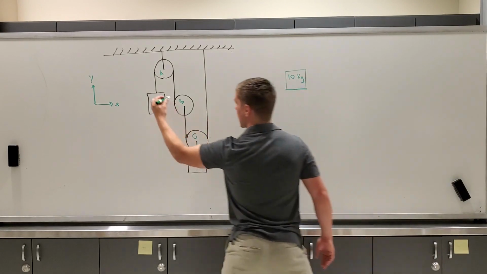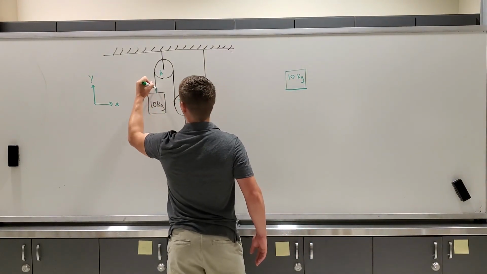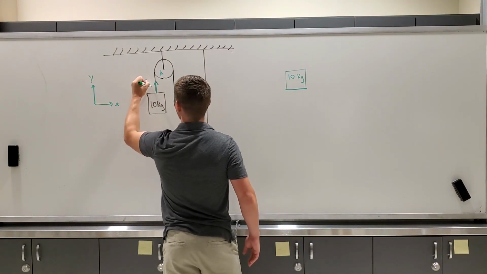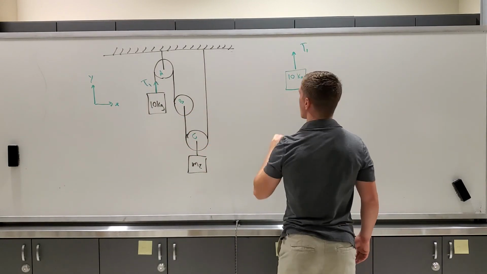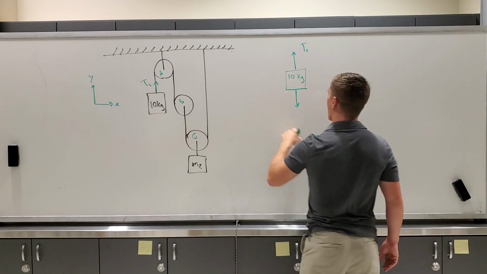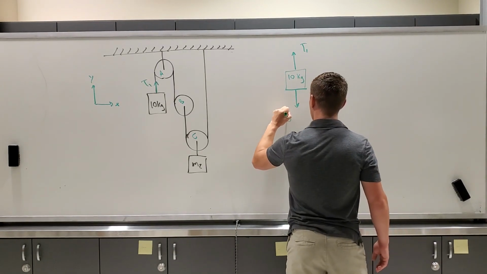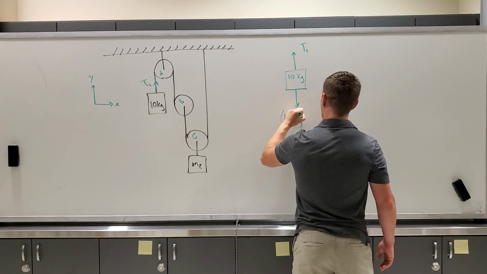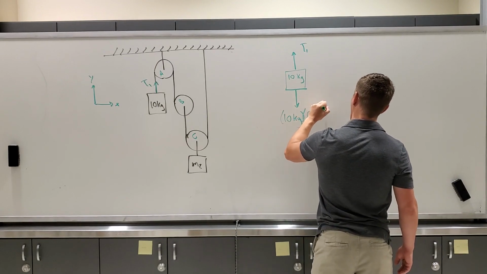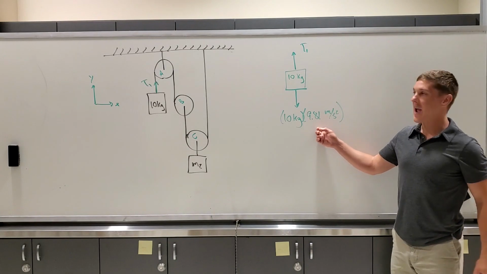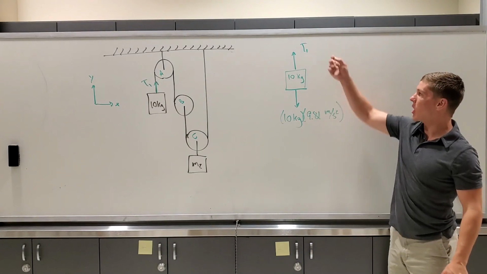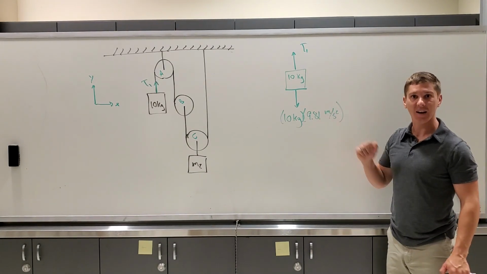We have a tension acting upward from this rope, which I'm going to call T1, and then we have the weight of the mass, which is going to be 10 kilograms times 9.81 meters per second squared. Those are the only 2 forces acting on this particle.